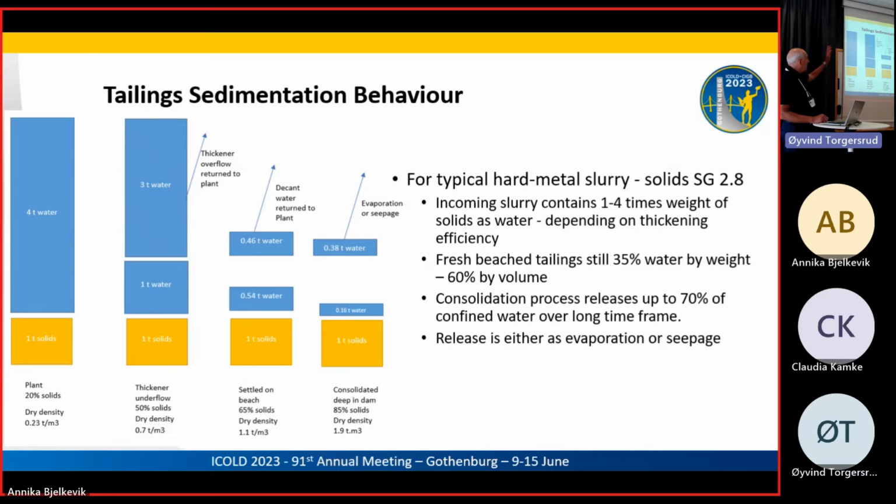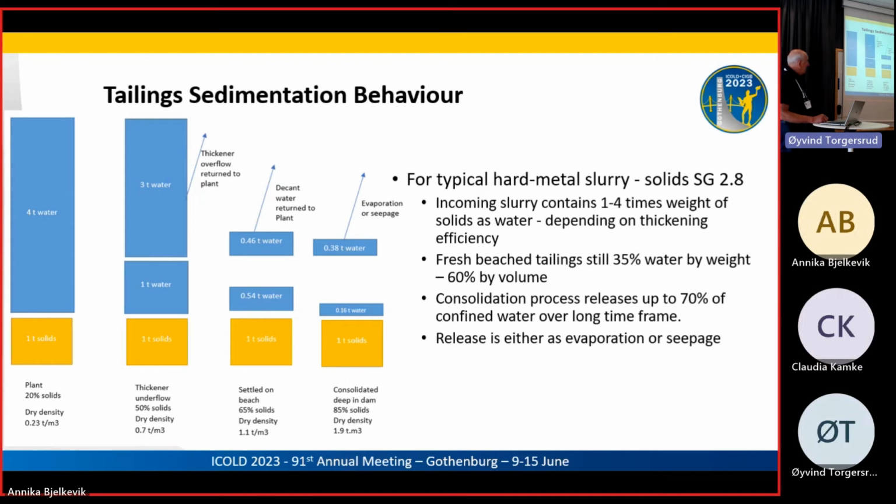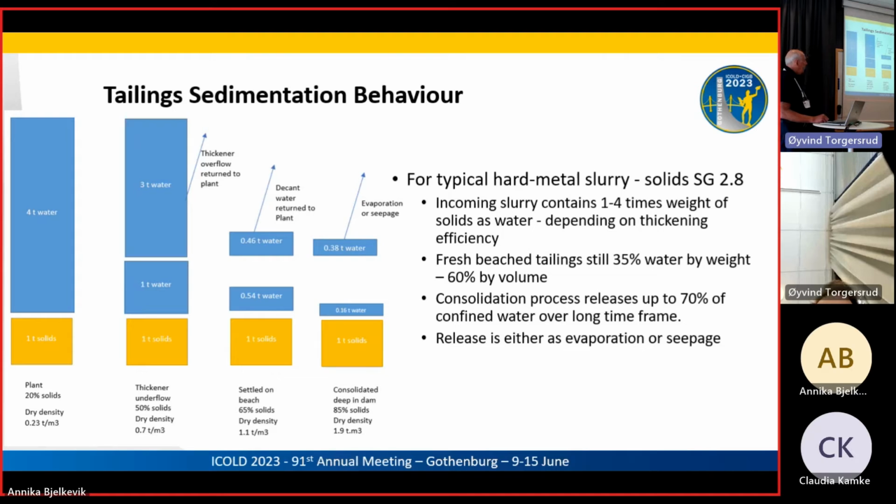So we've managed to get 3 tonnes of that water off, but we've still got 1 tonne of water for every tonne of solids. If we discharge onto the beach, typically we might settle out to a density of around, in this case, 1.1 to 1.2 tonnes per cubic metre. And that means that we've lost about half of our contained water in the slurry. So still a lot of water in there.